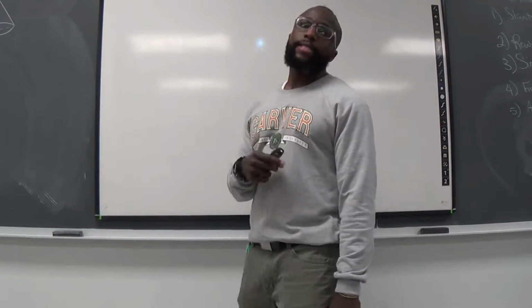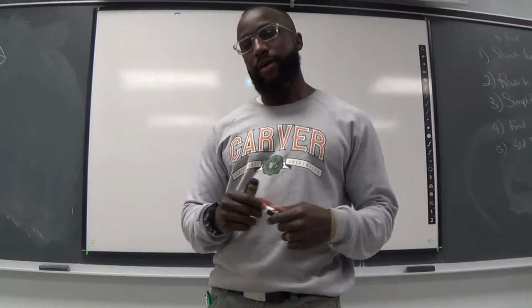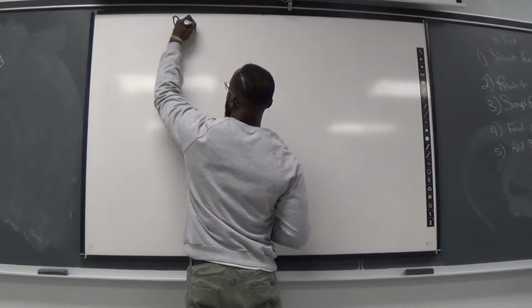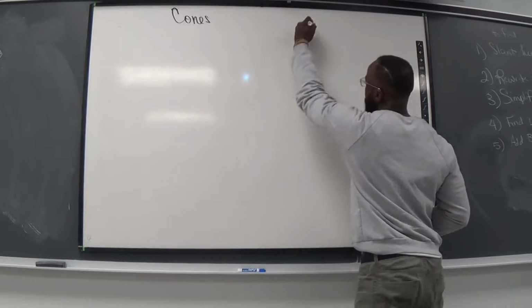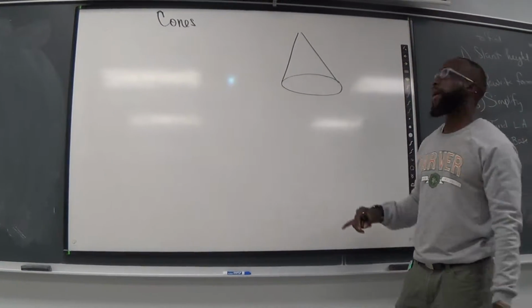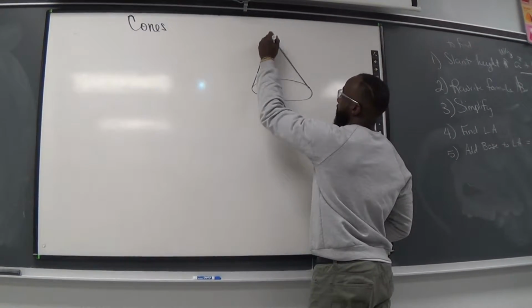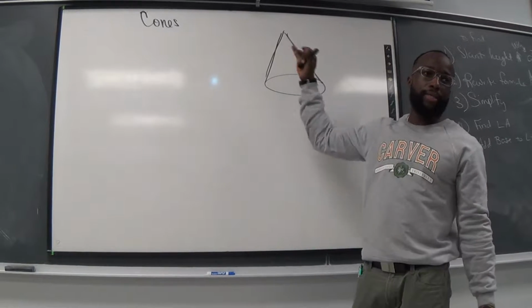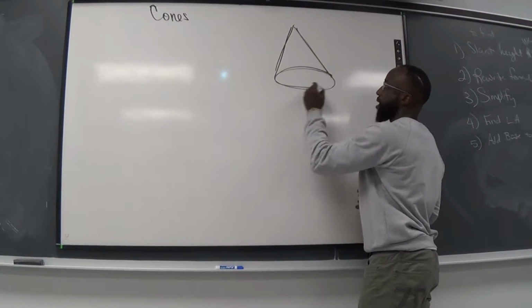All right. Today we're going to talk about the surface area of cones. When you're dealing with a cone, you have a circle at the bottom, and the cone consists of somewhat of a triangle, but it's going around a circular base, right?